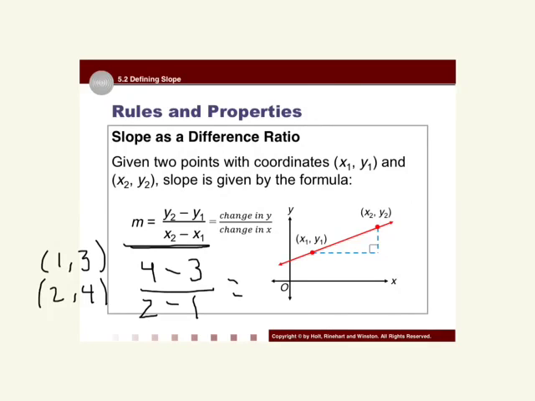This would end up being 1. But you know you set it up right if you have your y's on top and your x's on bottom. You can also check because this is one of our ordered pairs and this is another ordered pair. If they do not match up, you have not set it up right.